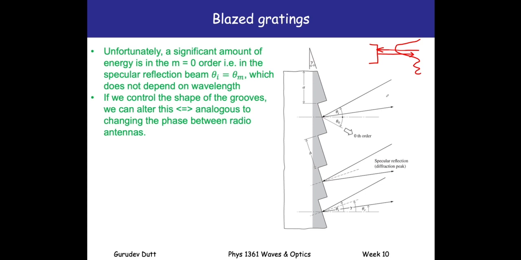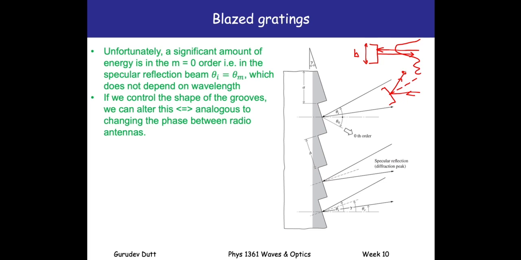The idea that R.W. Wood came up with is to tilt this surface a little bit. If I call this width b, then when I tilt it and come in with a beam at an angle to the normal, it is going to get reflected, and this is where the principal maximum from this beam is going to be.